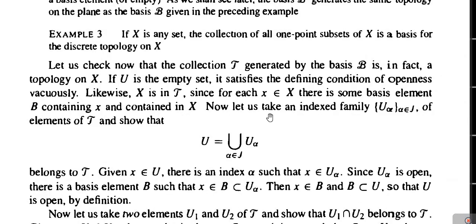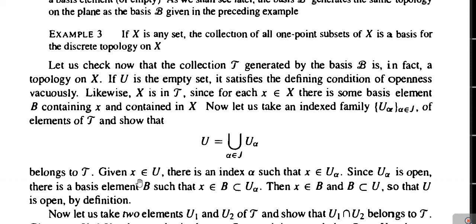Now let us consider an indexed family U alpha, where alpha belongs to the index set J, of elements of tau. Then we have to show that the union of this indexed family is again a member of tau. So, let U equal the union of U alpha over alpha belonging to the index set J. Then we have to show that U belongs to tau.